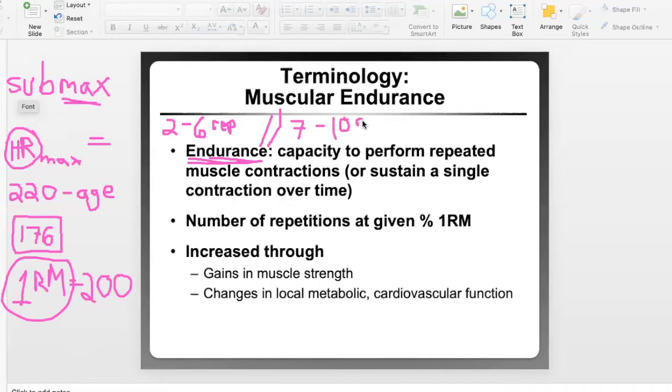And I'll show you this later. And if you're doing muscular endurance, you want to be doing like 15 plus reps per set. Now, if you do 2 to 6 reps, like you're lifting enough weight so that I can only do 2 to 6 reps, that weight is pretty high.